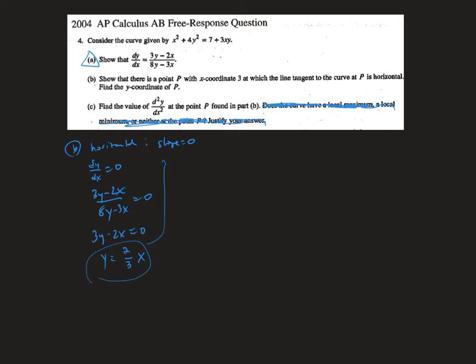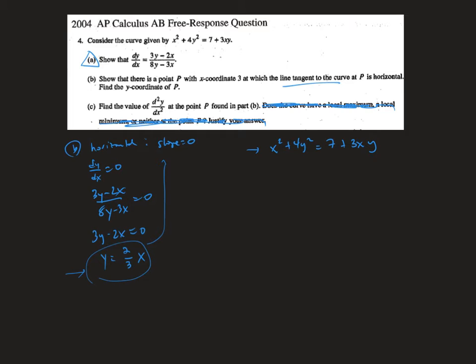Now this is a relationship that's implied by the slope being 0. But remember we talked about in class, when a line is tangent to a curve, it also has to touch the curve. So it has to satisfy the curve itself. So then what I'm going to do is take this relationship between x and y and this relationship between x and y and treat them like a system of equations.